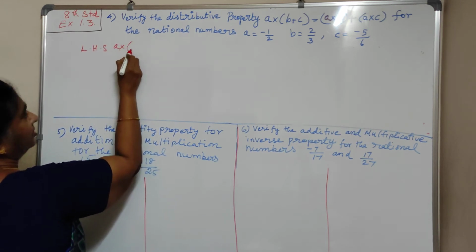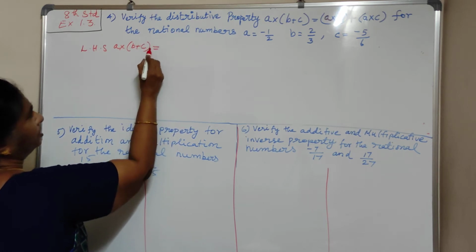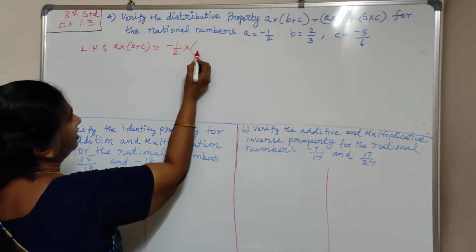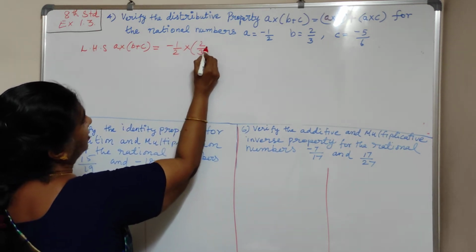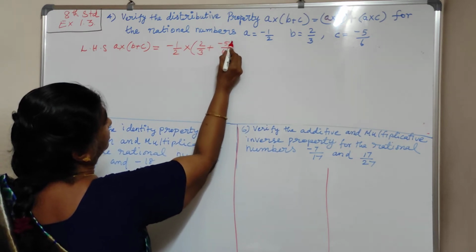A cross, that means A multiplied with B plus C gives you minus of multiplication B is 2 by 3 plus C is minus 5 by 6.